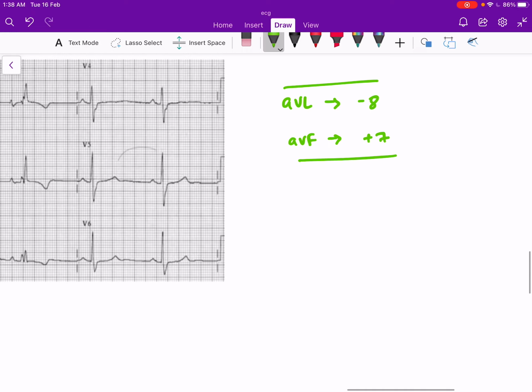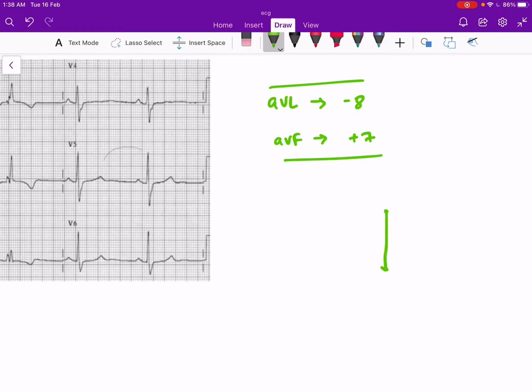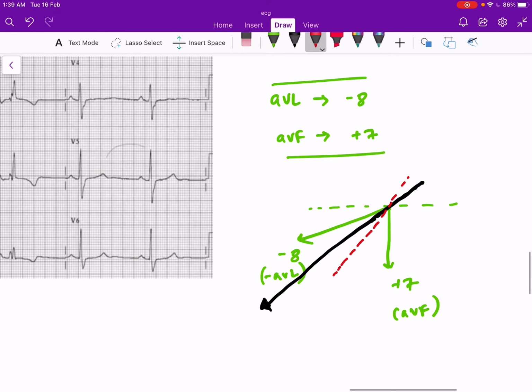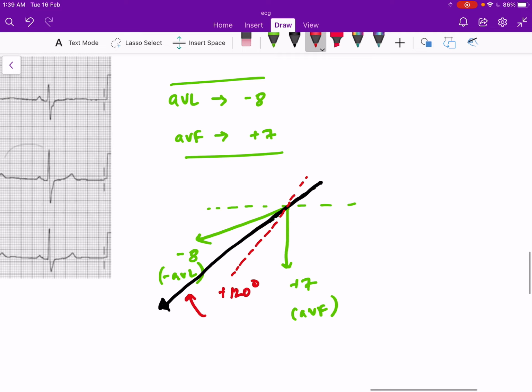If we extrapolate this, we will have plus 7 of AVF and minus 8 of lead minus AVL. So the axis will be pointing more towards minus AVL, which should be more positive than 120. So this is a case of left posterior fascicular block.